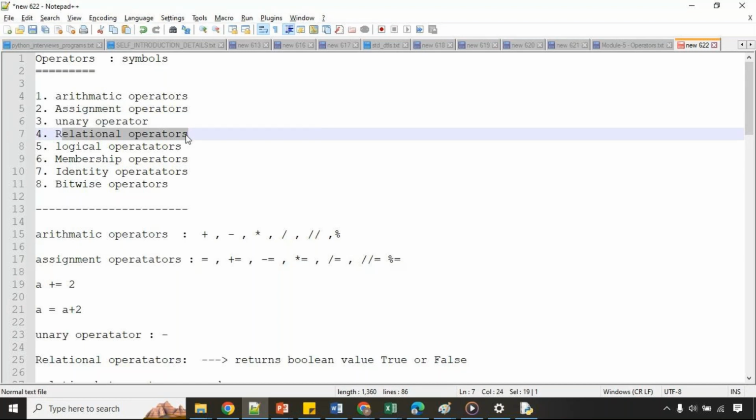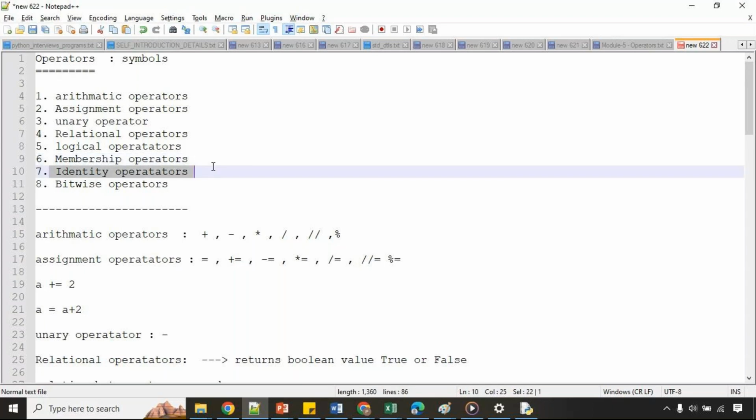And means both are true, then only true, otherwise all cases false. Or means either one is true, then true. Not means negation. Membership operators: in, not in. Identity operators: is and is not.